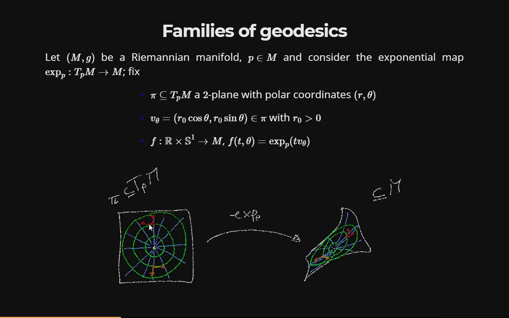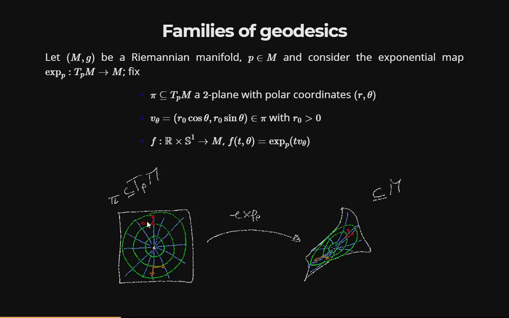Whereas the angular component, the rotating vector field, will end up in some other thing. How does it relate to geodesics? The blue lines are all the geodesics coming out from the point P on this surface.